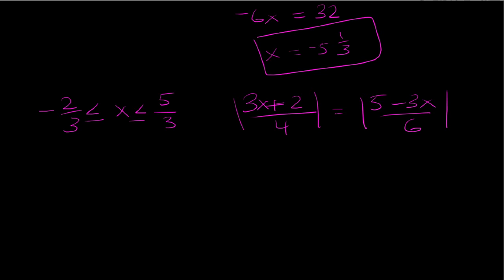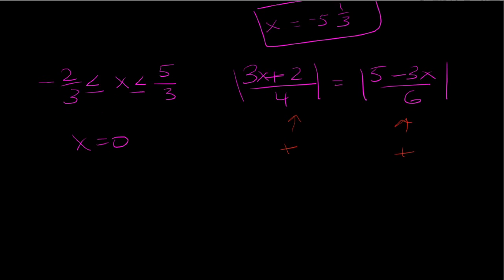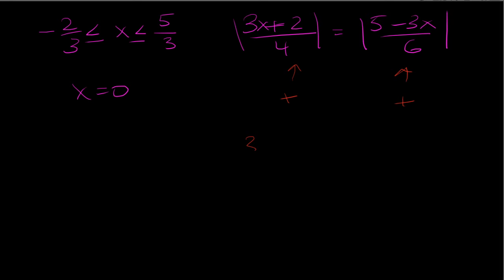So let's pick a number between this range. Let's say 0. So if I pick x equals 0, okay, this is positive and this is positive. So they're both positive in this range, so we could just remove the absolute values.